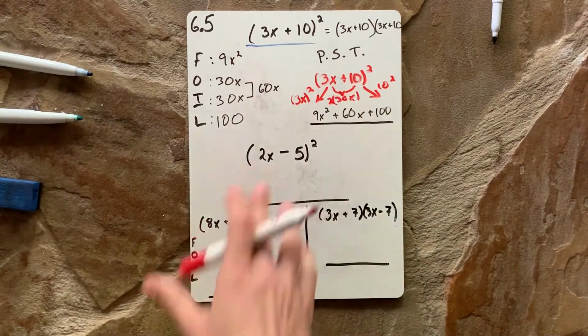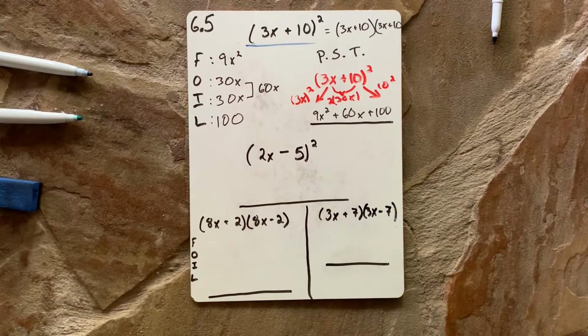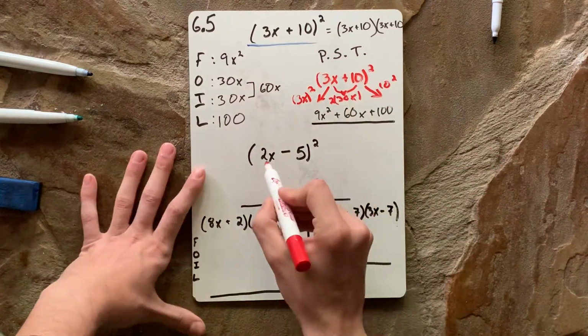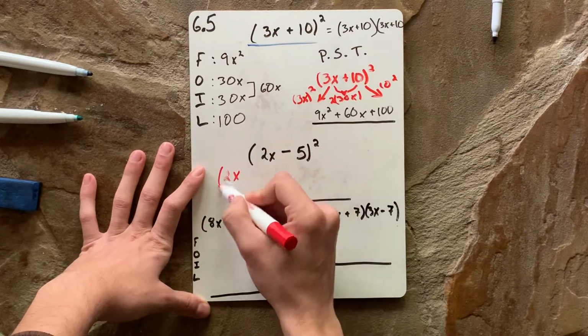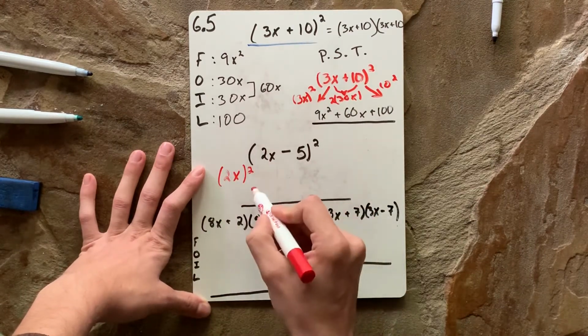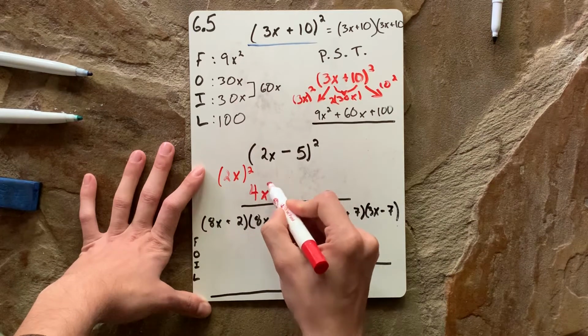Okay, so here's another square of a binomial, and so our answer is going to be a perfect square trinomial. And so now that we know the shortcut, we're not even going to worry about FOIL. We're just going to do this pattern. So we're going to square the first. If I take 2x and I square it, I'm going to get 4x squared.